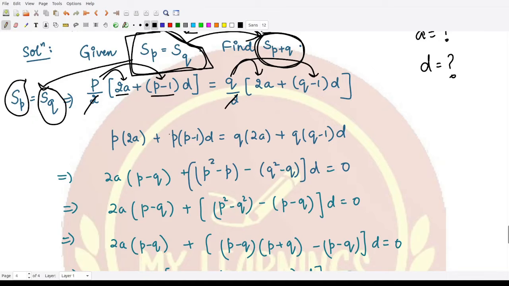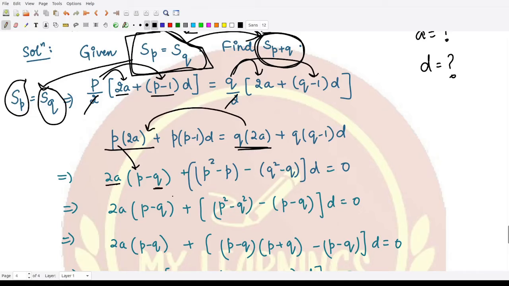Right, so now we can shift all the terms to the left hand side. From these two terms we can take 2a common. So it would be 2a, this p as such, and when this term is moved to this side, we would have minus q.